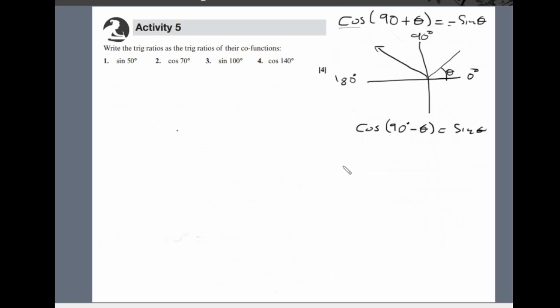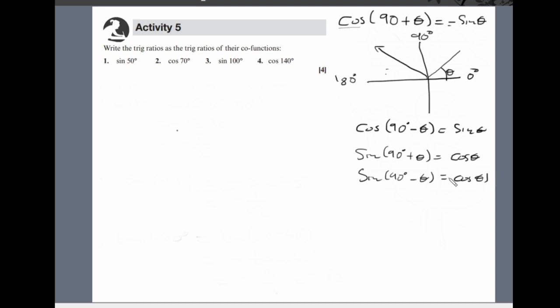Again, if you're saying sine 90 plus theta, that is the second quadrant where sine is positive, and because sine and cos are cofunctions, sine 90 plus theta will be the same as cos theta. And if you say sine 90 minus theta, this will be the same as saying cos theta again.